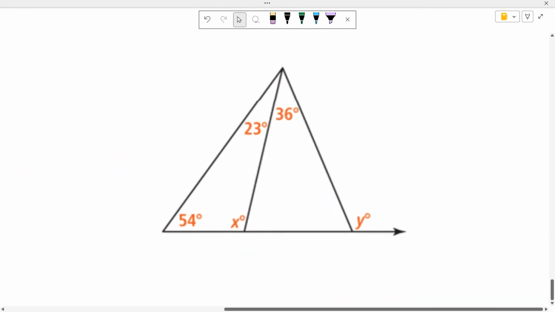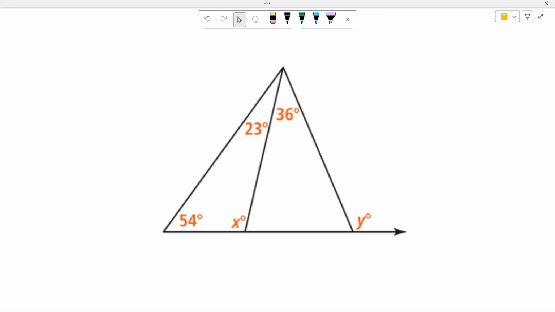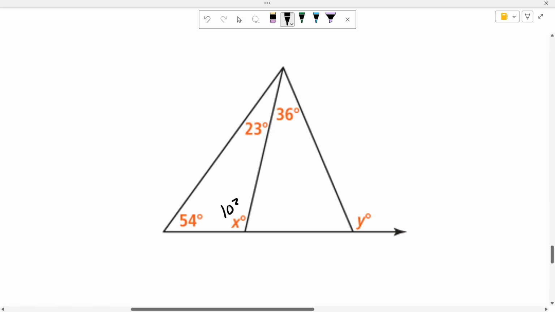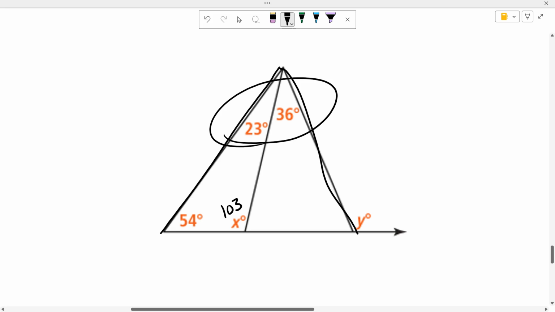Last one. What's angle X? Because these two add up to 77, so this is 103. Now, angle Y is an exterior angle. So you have to add up these two to find this triangle here.